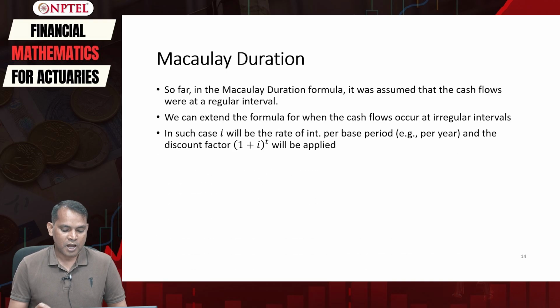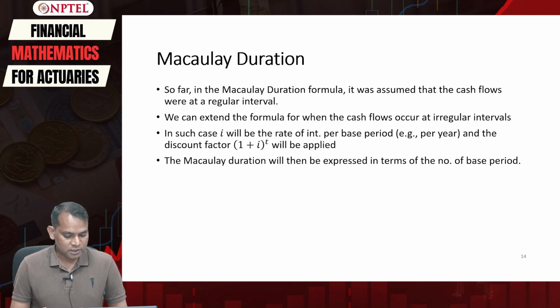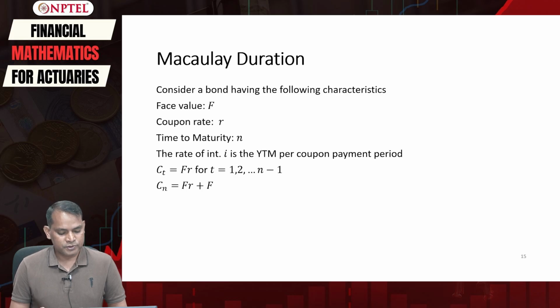In such a case, I will be the rate of interest per base period, for example per year, and the discount factor, that is 1 plus I to the power t, will be applied in the model. And therefore the Macaulay duration will then be expressed in terms of the number of base periods.